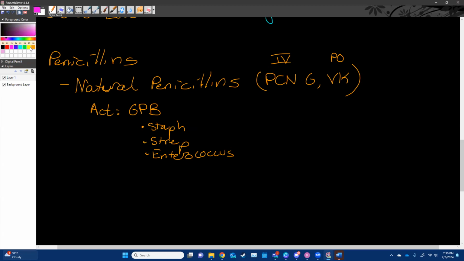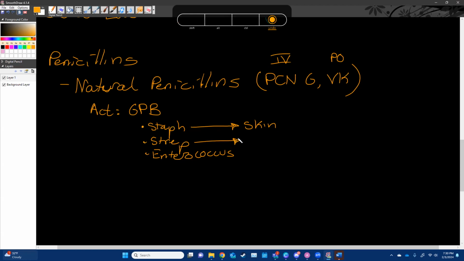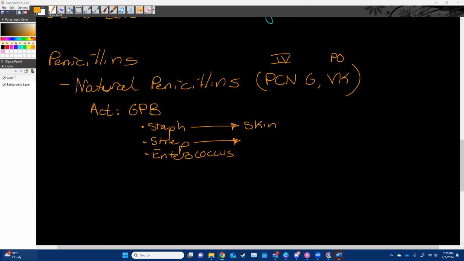Where do we primarily find staph? Either staph epidermidis or staph aureus. The skin. Where do we normally find strep? Where do people get strep?